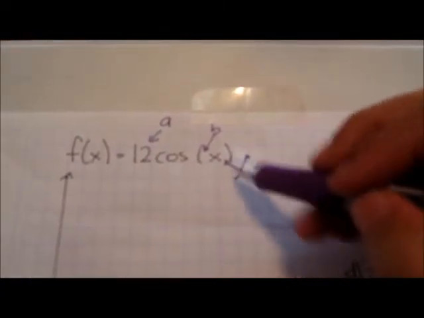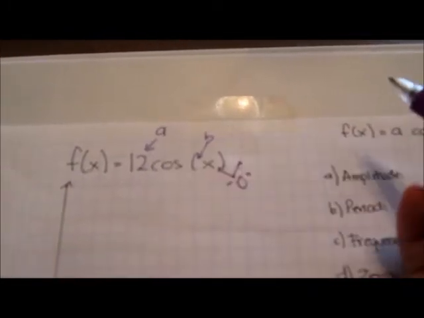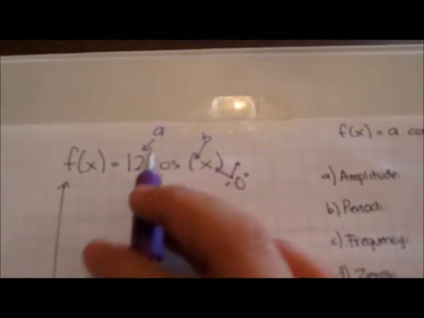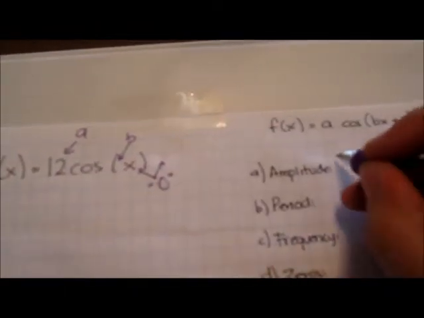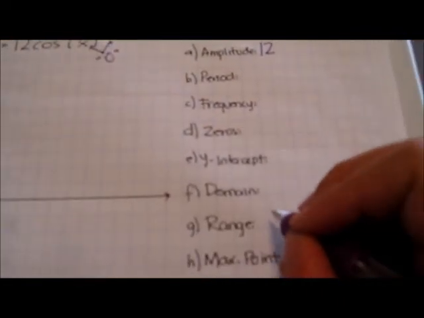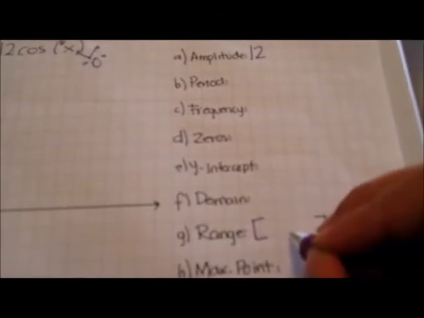When you don't have C or D, remember, your amplitude equals your range. So in this one, it says that my amplitude is 12, so I need to write 12. With this number, I also can fill the information of the range. Remember to use brackets.